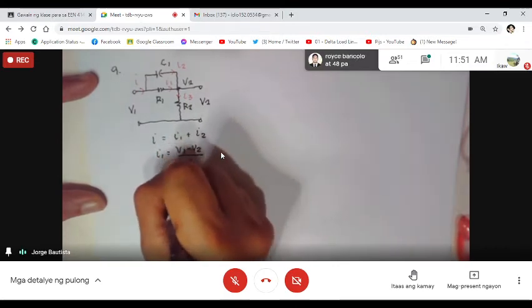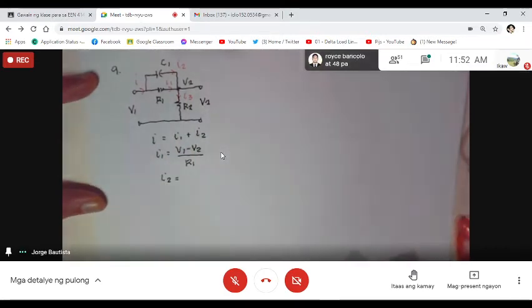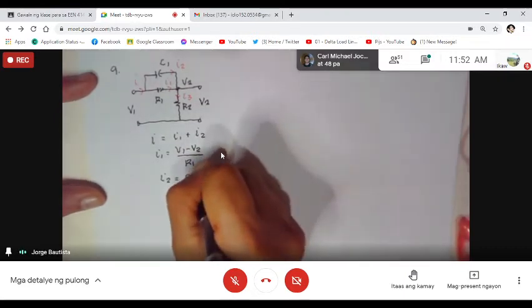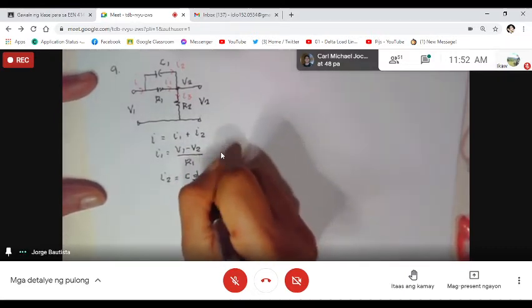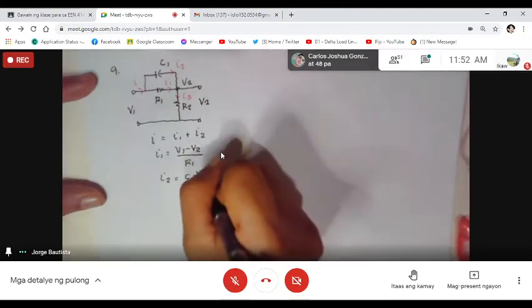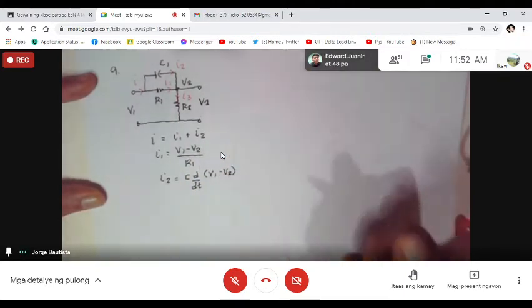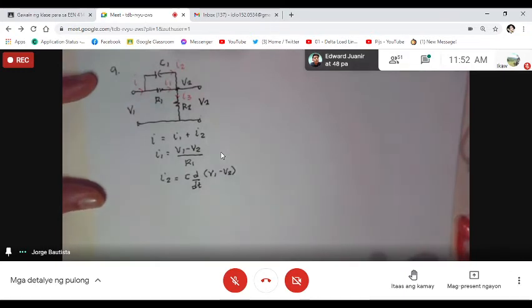Ang I2 naman, nakuha na natin yan sa previous lesson natin. Ang I2 naman, that is current ng capacitor, that is C dV over dt. Then that is V1 minus V2. Okay? Ayan.